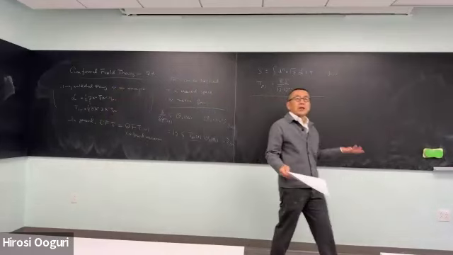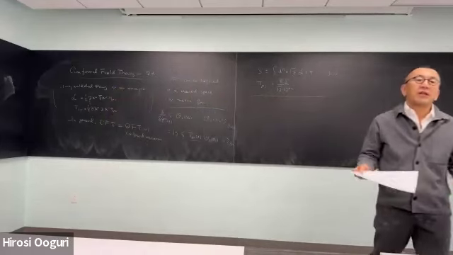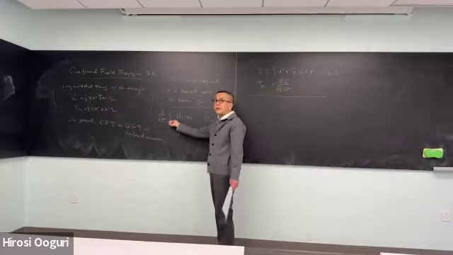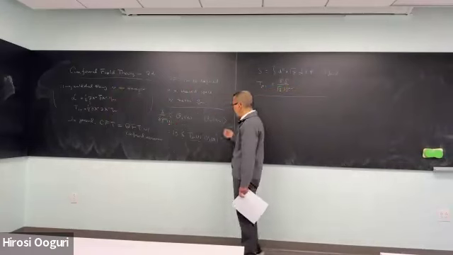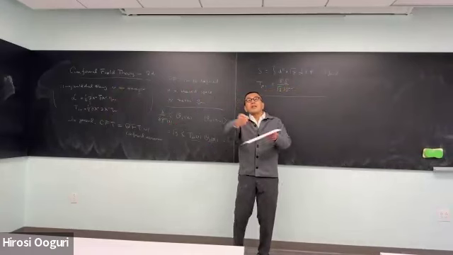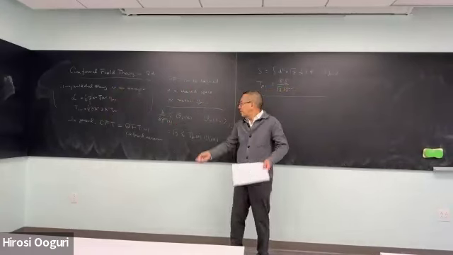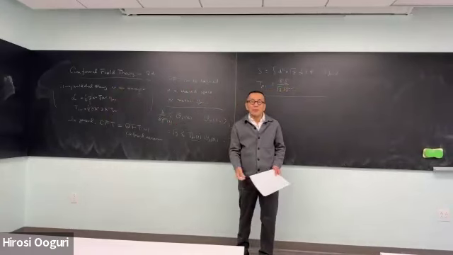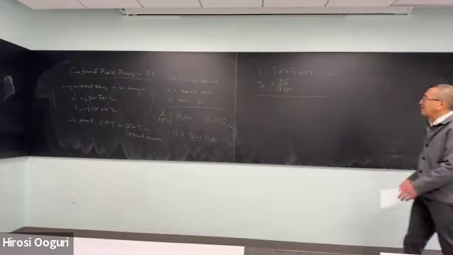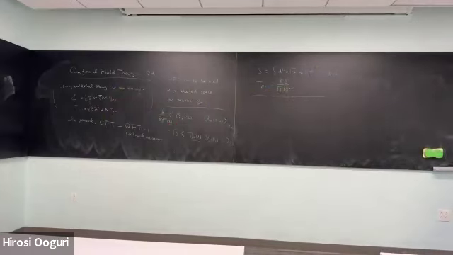Because of that, the theory can be defined on any curved manifold, because the energy momentum tensor controls the response to the change of metric. If you define the theory on one metric, you can change the metric by doing this repeatedly, right? Because if you know how to take the derivative, you can integrate, and then you can change the metric. That's why you can define the quantum field theory on any metric.